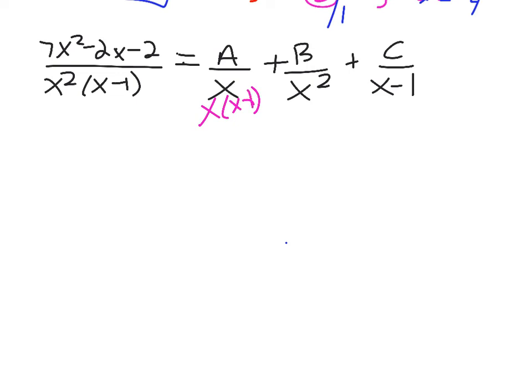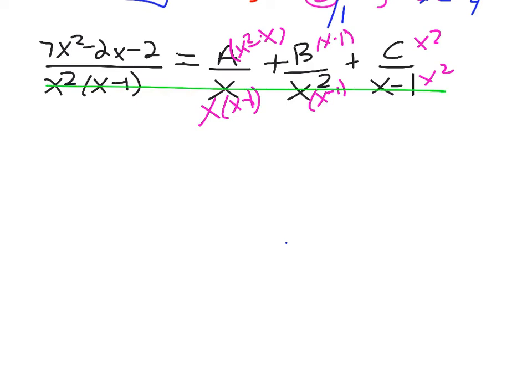So that's going to be x squared minus x. And then the middle fraction, I need to just multiply x minus 1. And the last one, I need an x squared. Okay, so I have all the denominators the same here.